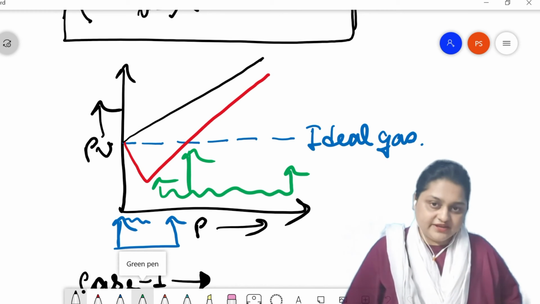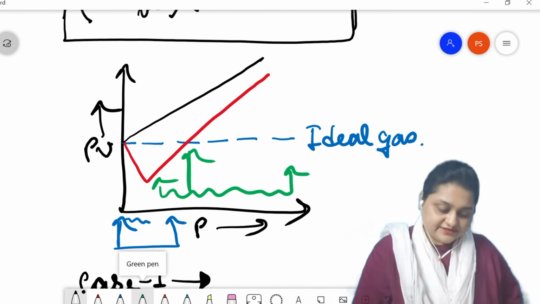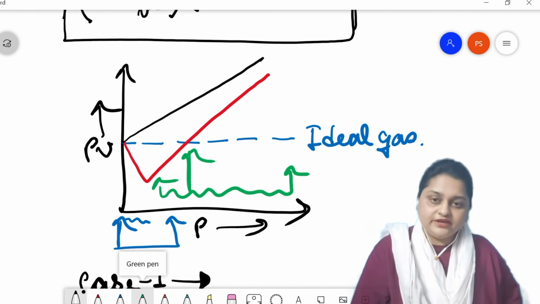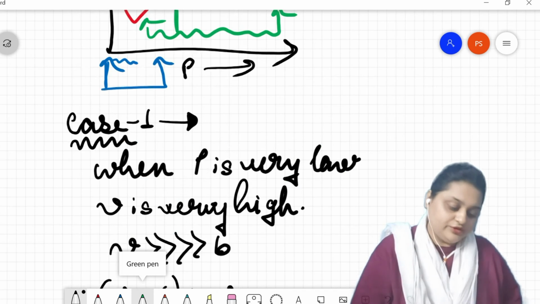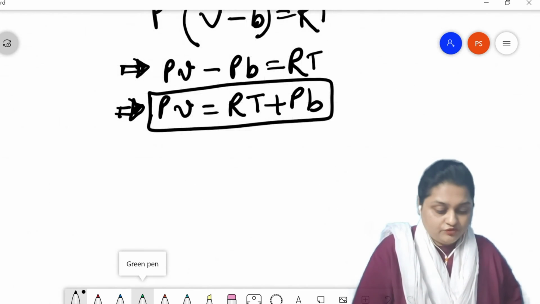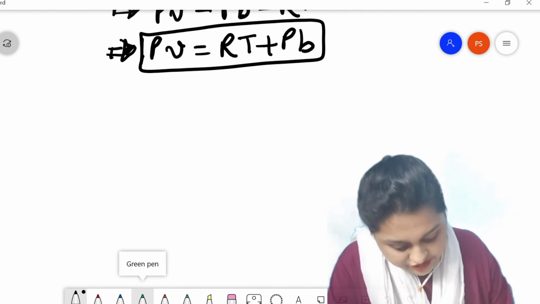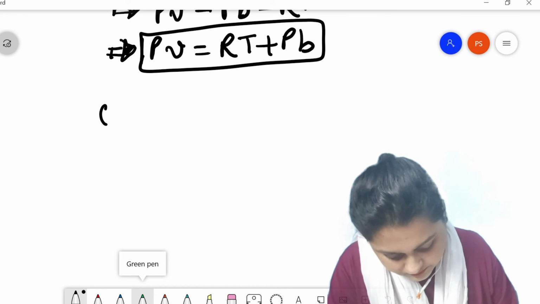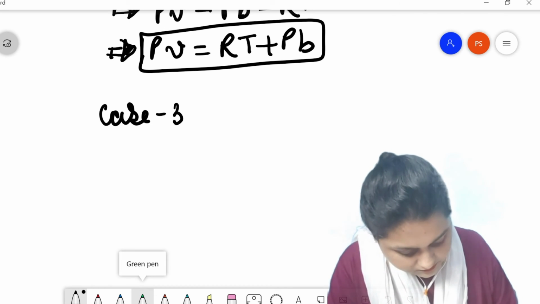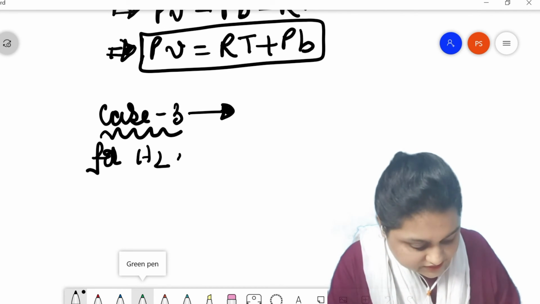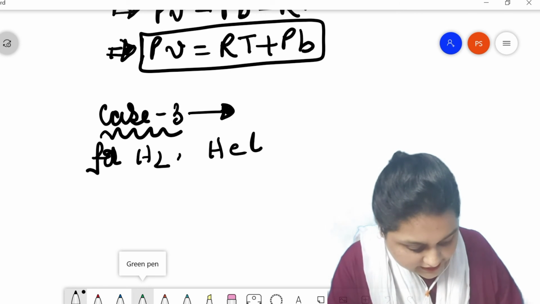This set of curve was given by hydrogen and helium like gases. We are going to study this deviation for hydrogen and helium gas in case number 3. For hydrogen helium like gases.